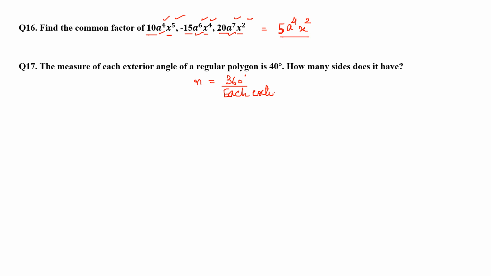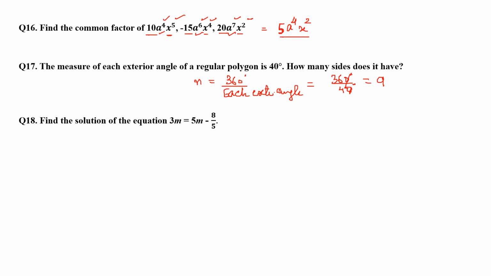I am writing in short. So it will be 360 degree divided by 40, and 0 0 cancel. So 4 9s are 36. So the number of sides of that regular polygon will be 9. Okay, so you have to remember the formulas.